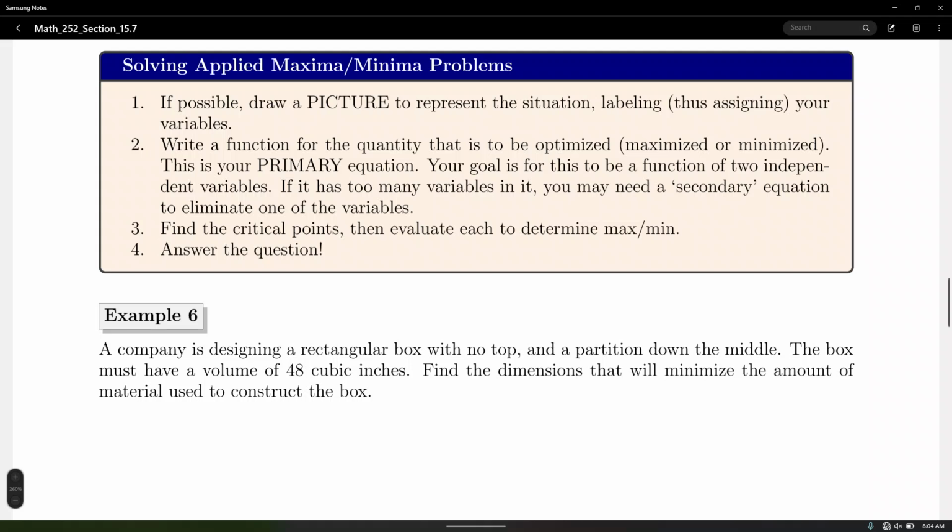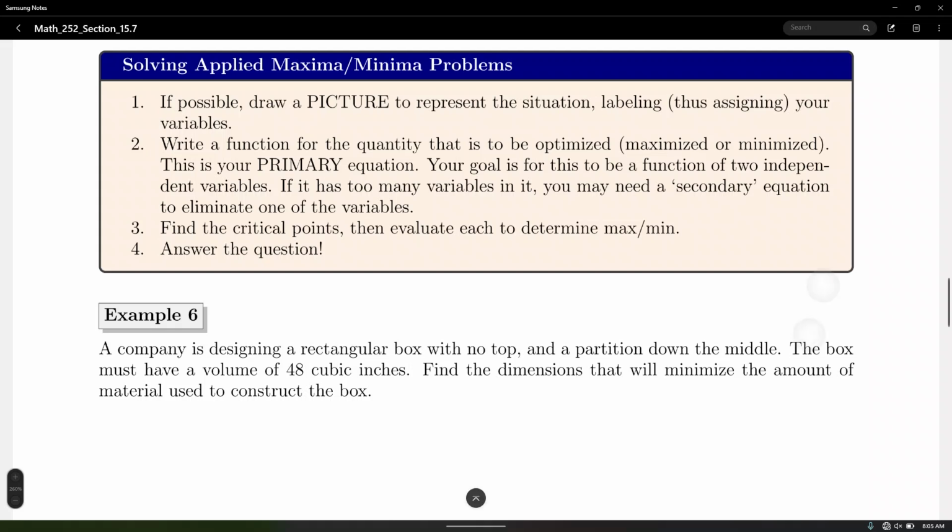We use that secondary equation because the primary equation started as a function of two variables, and back then you didn't know anything about functions of multiple variables. So we use the secondary information to get rid of one of the variables and work with a function of a single variable.